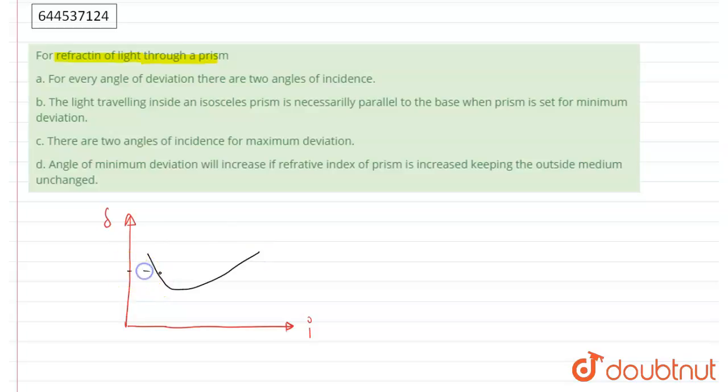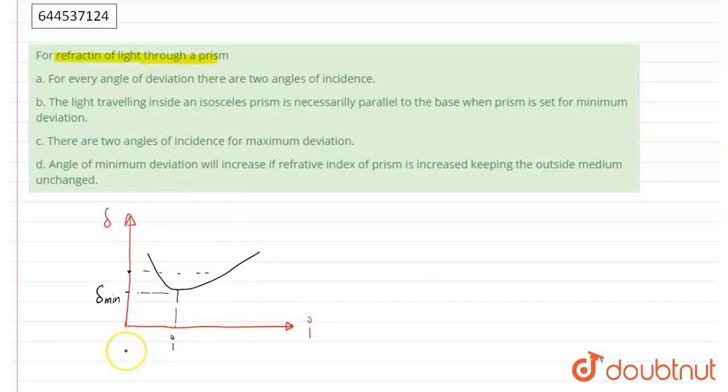For every value of deviation we will get an angle of incidence, but for minimum deviation, that is delta minimum, we will get only one angle of incidence, so it is not for every deviation.